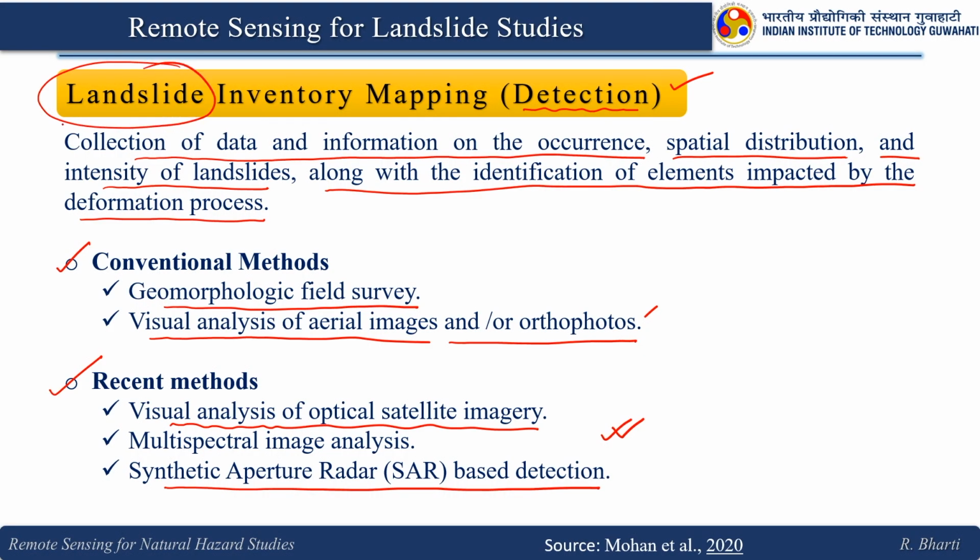So that's how we are generating the landslide inventory. That is very useful, because when you go for machine learning or any advanced techniques to monitor or to forecast the landslide, you also need the historical information, and that historical information can be collected by remote sensing data sets.